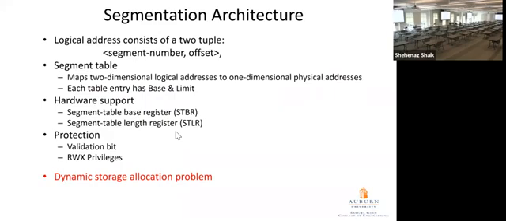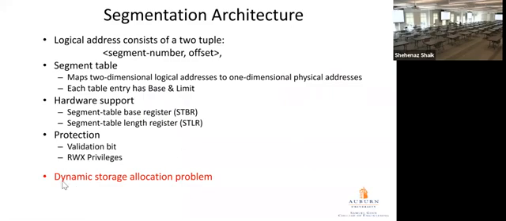Okay, so the length register tells us how many segments there are for the given process. And in addition to just having the base address and the limit per table entry, we should also be able to set the validation bit to specify if a particular segment is in fact loaded in memory or not. Or in other words, if the corresponding table entry is a valid entry.